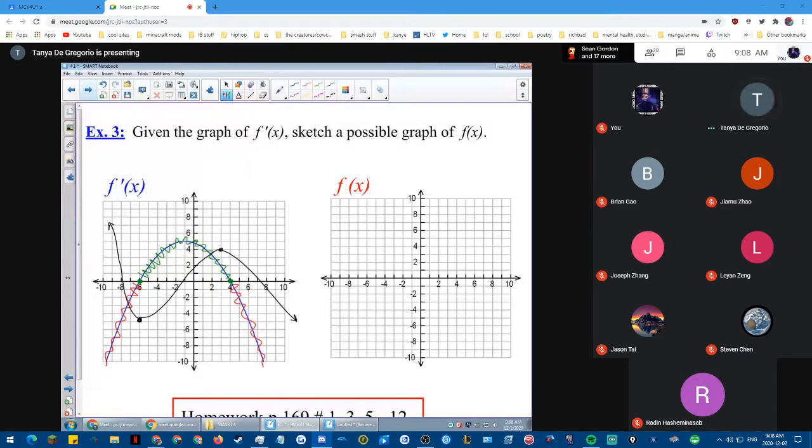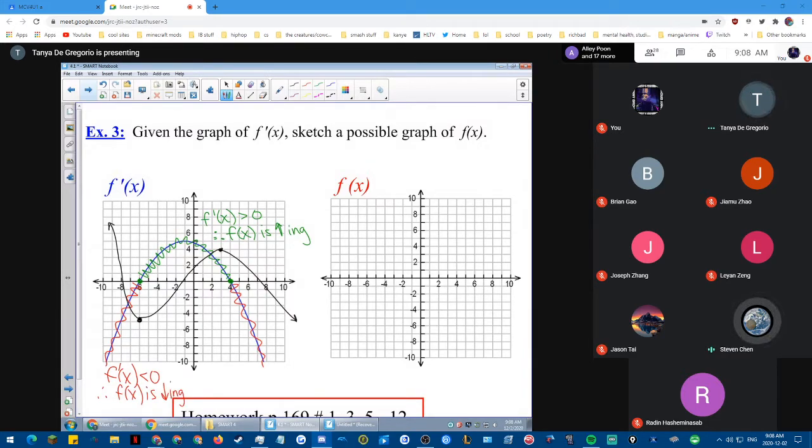Okay? So here, we'll make a note. I hope you guys understand my shorthand. F prime of x is greater than 0, therefore f of x is increasing, whereas at the red point, f prime of x is less than 0, therefore f of x is decreasing.